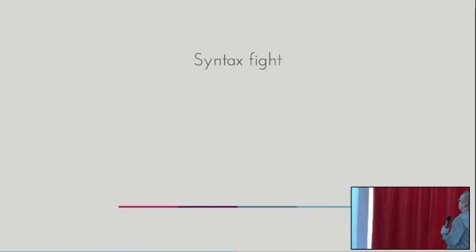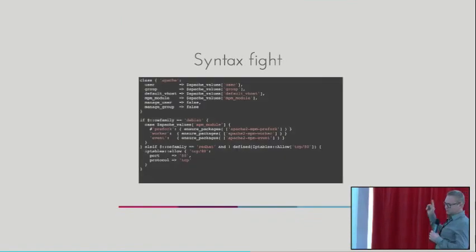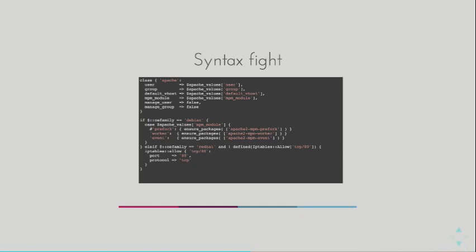So the syntax fight. This is for Puppet. It's some configuration for Apache or Red Hat and some iptables configuration. It's really verbose. It's really hard to manage dependencies and how it works.